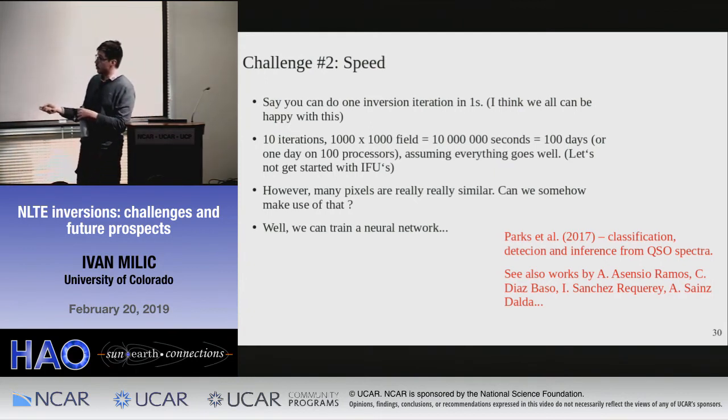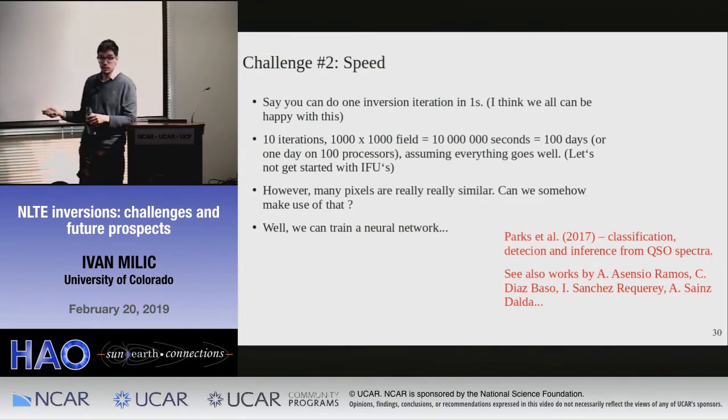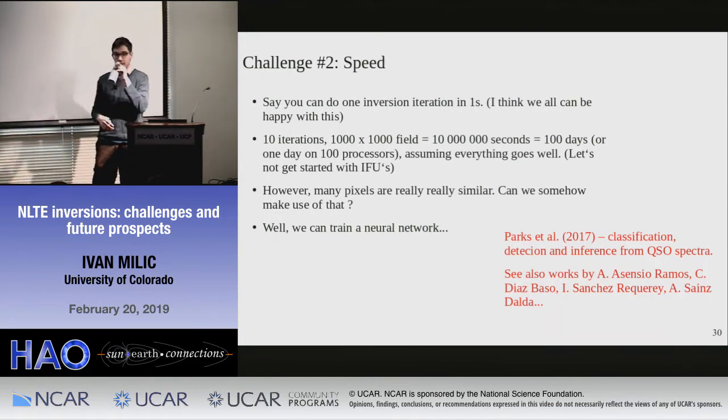And this is only for one observed field of view, right? We know that, for example, with IBIS, you can get thousands of spectroscopic cubes in 1 day, right? And with DKIST, we're probably going to have what? 4K times 4K, and then who knows how much of these. So it's going to be a huge amount of data, and to invert all that, it's going to take a lot of time.